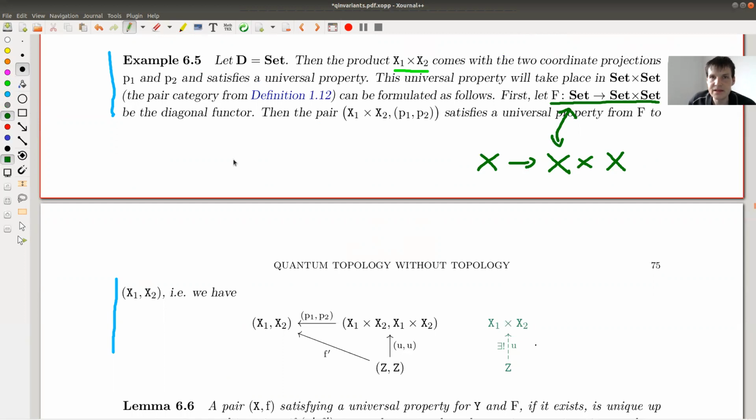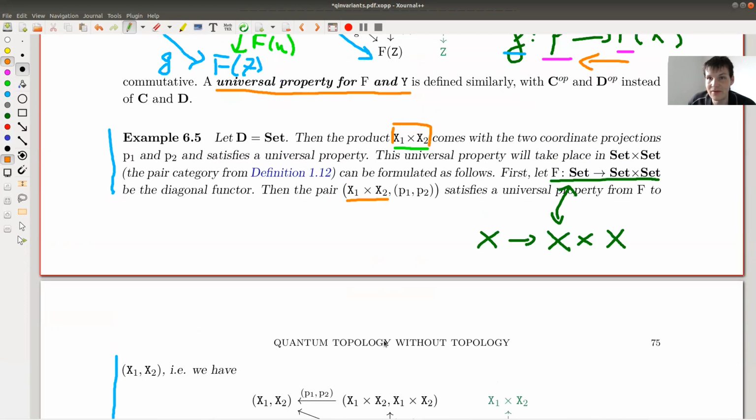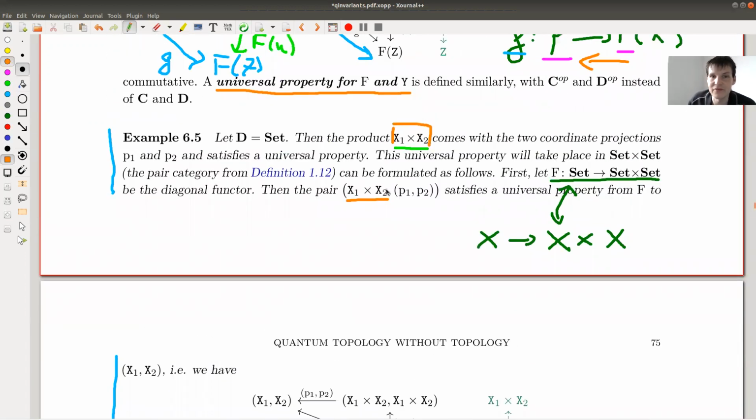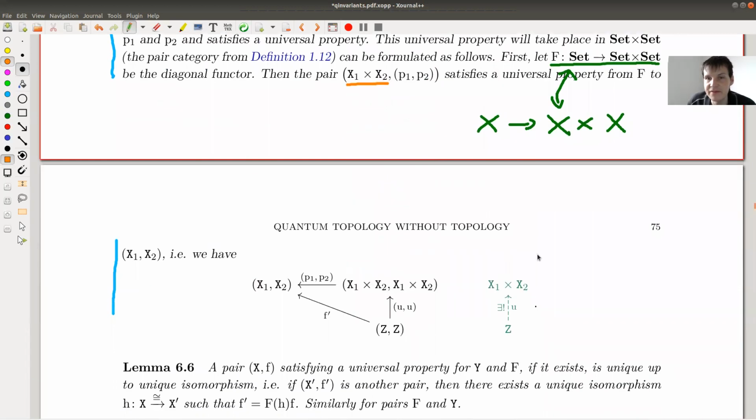The point is, this thing here will satisfy the universal property, and it will be the universal property in op actually, so it will be the opposite diagram. The first thing you would do is write down a map from, I should have called it x and y, I don't know why I called it x1 and x2.